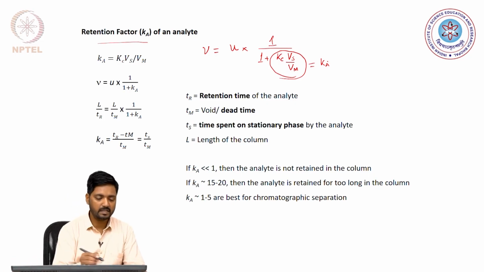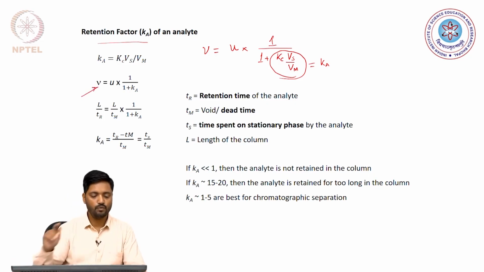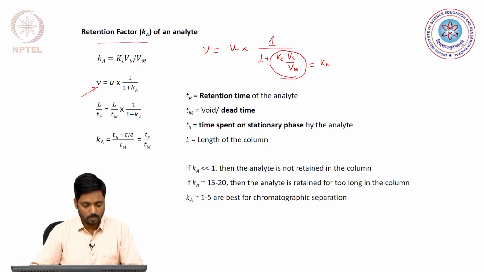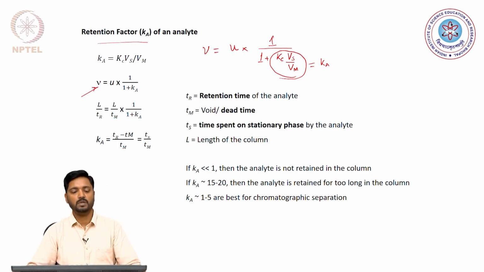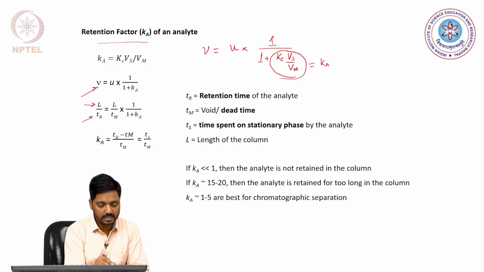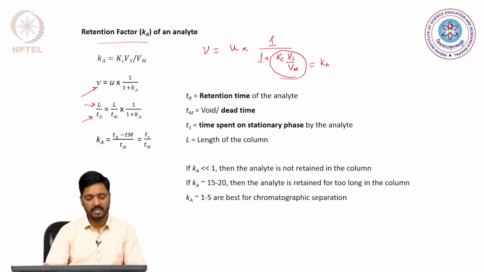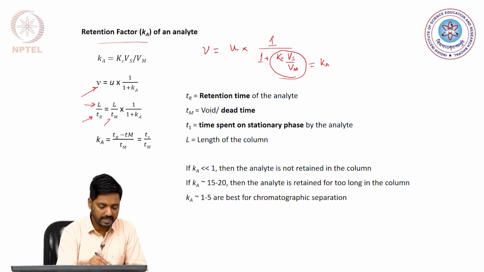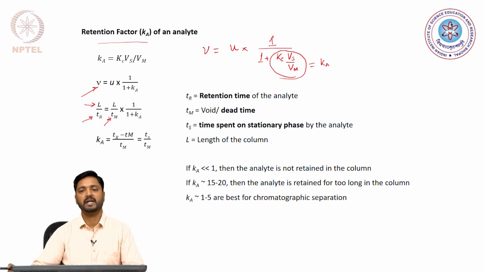and we get a different equation for the average velocity of the solute in the chromatography column. Now, all of this can be written in terms of the length of the column L and the retention time taken by the analyte as well as the void time, which is the time taken by the mobile phase to elute out.